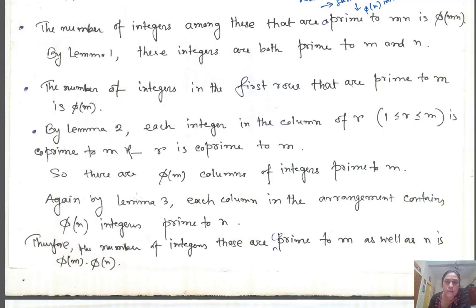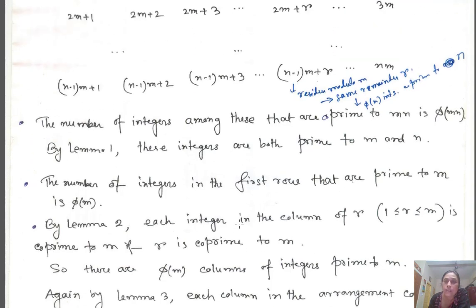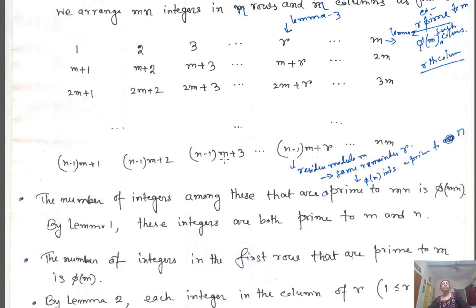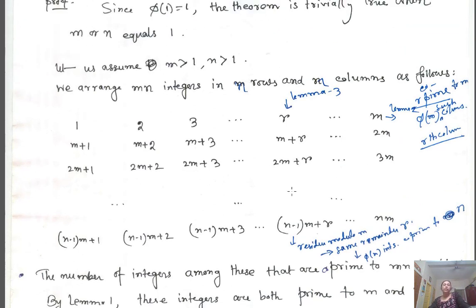Okay. So there are phi m columns of integers co-prime to m. Again apply lemma 3. Each column in the arrangement contains phi n integers co-prime to n. Okay. So from here it follows. So you just go through this reasoning.